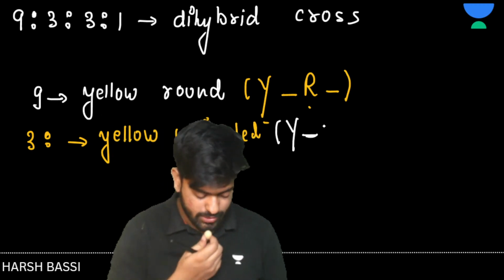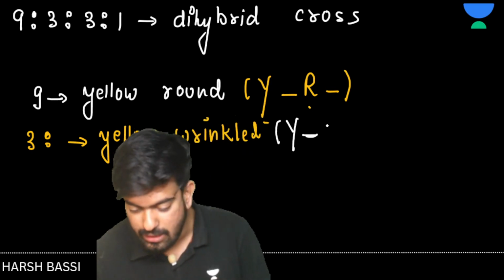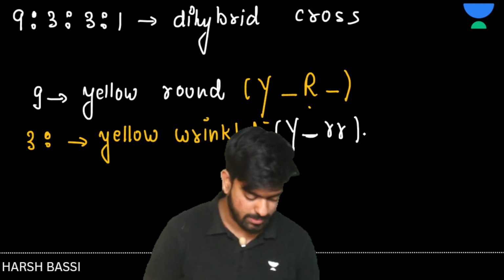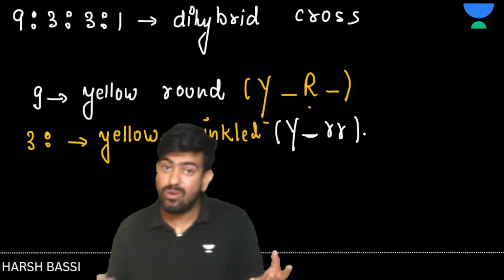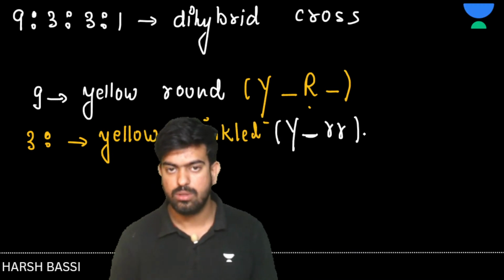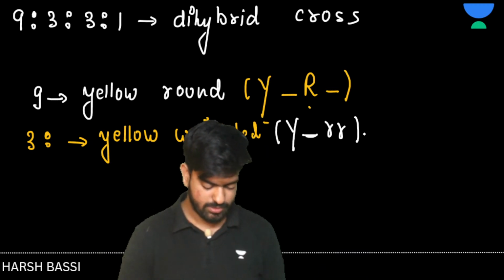So can I write small r and small r? Then only wrinkled is there. Is it clear? Then only the wrinkled is there, right?